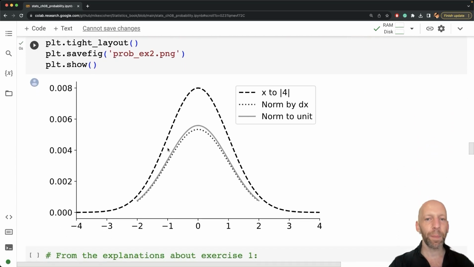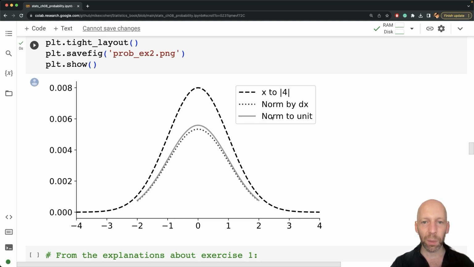Okay, and then the unit norm obviously forces it to be unit norm, so it's going to shift up a little bit. And one thing you can try to do, this is not in the exercises, but it's just a small addition, is to apply this unit normalization to the PDF from exercise 1. So this one up here, and then you can add a 4th line, and you will see, these two are different from each other.